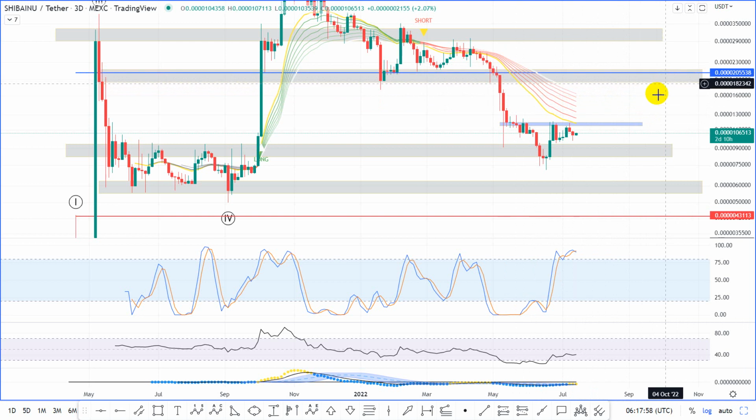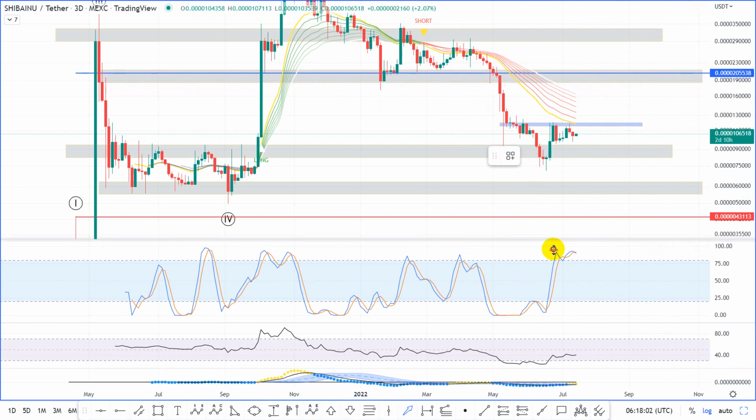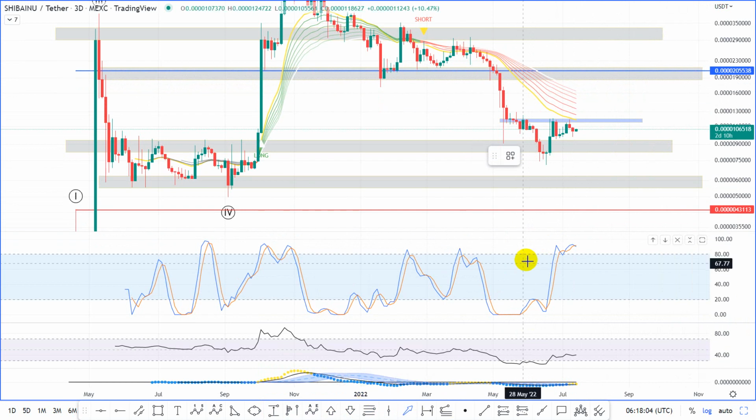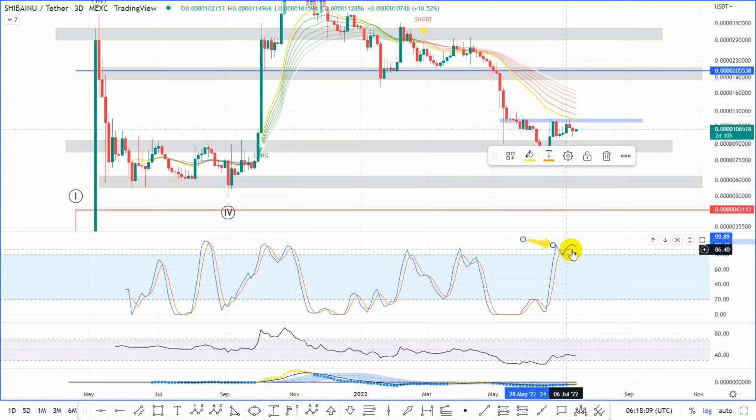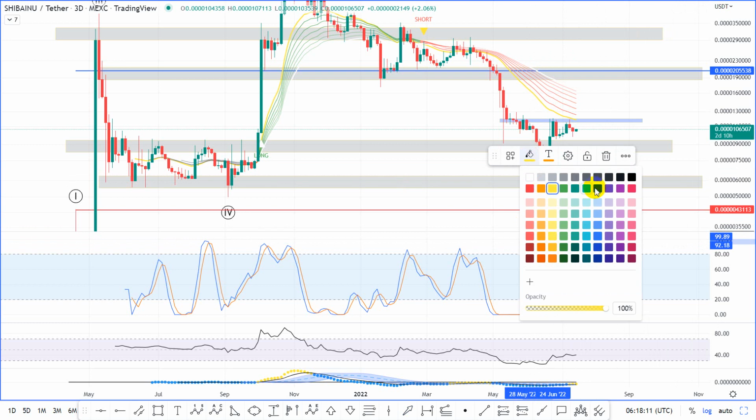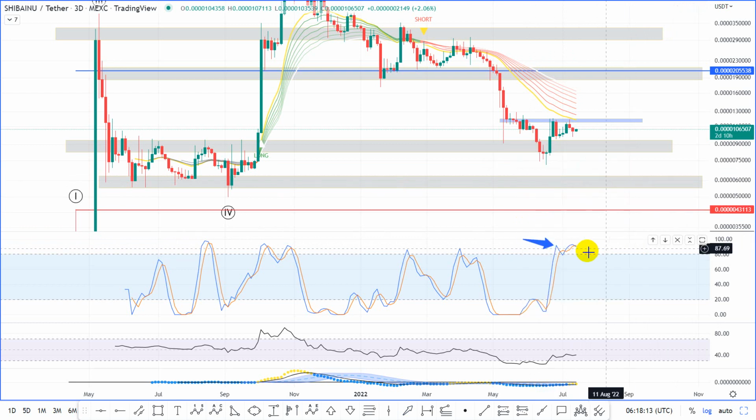But what I do not like here on this chart is this. Look at the stochastic RSI on the 3-day time frame. And what do you see here? Do you see the same as I do, that it's in the overbought territory? Sorry for that. And every time it's in the overbought territory, we expect the price to go lower, right?